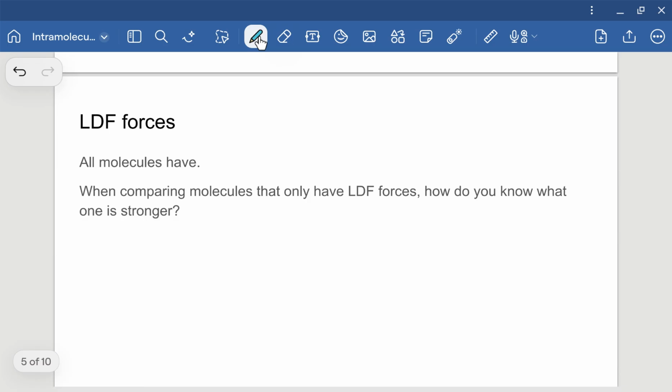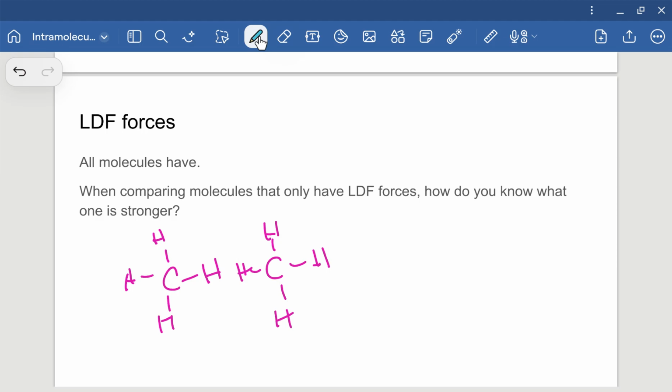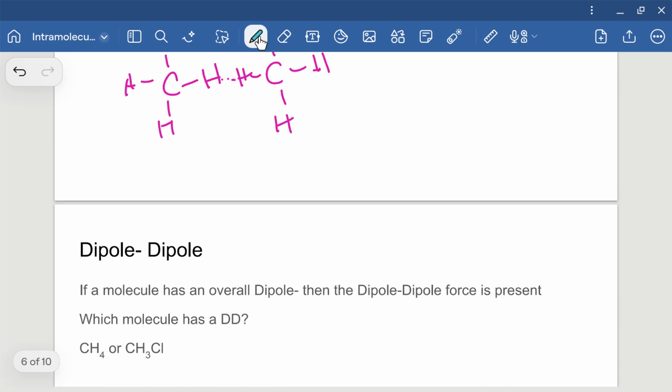LDF forces are going to be in all your molecules. So if you think of just even looking at that CH4 one more time, it's going to be what attracts this to itself, right? So the bond that keeps these together, that's an intermolecular force. And again, every one of our covalent bonds have LDF forces.